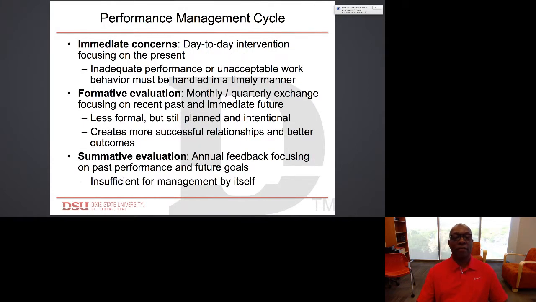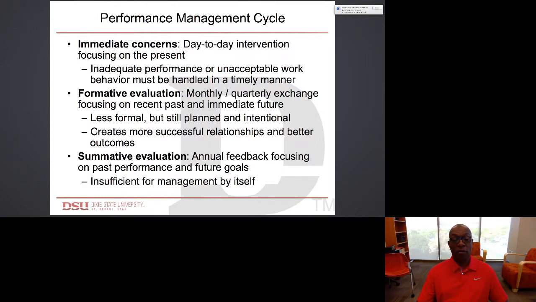Performance management cycle. Immediate concerns would be day-to-day intervention focusing on the present. Inadequate performance or unacceptable work behavior must be handled in a timely manner. Formative evaluation: a monthly or quarterly exchange focusing on the recent past and immediate future.